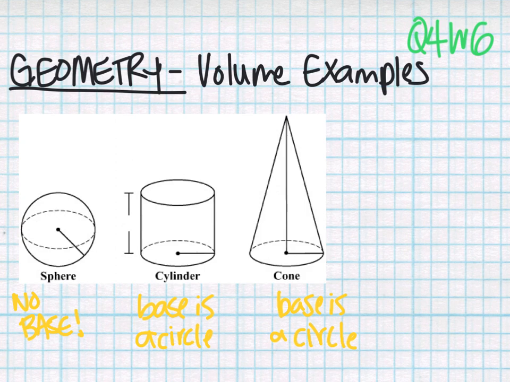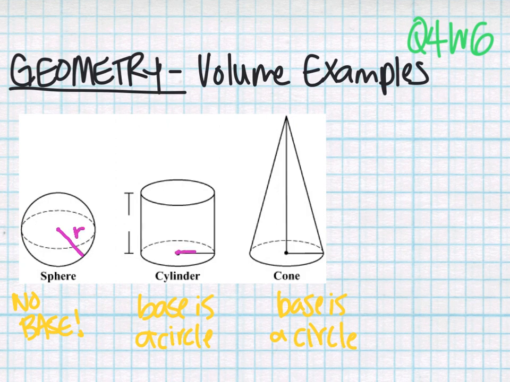So we're going to use the idea of this base to help us figure out our volume formulas for each of these shapes. So we need to look at the different parts of each of these shapes. The one thing that each of these have in common is each of these has a radius. Starts in the center and goes to the edge. So the sphere has a radius.